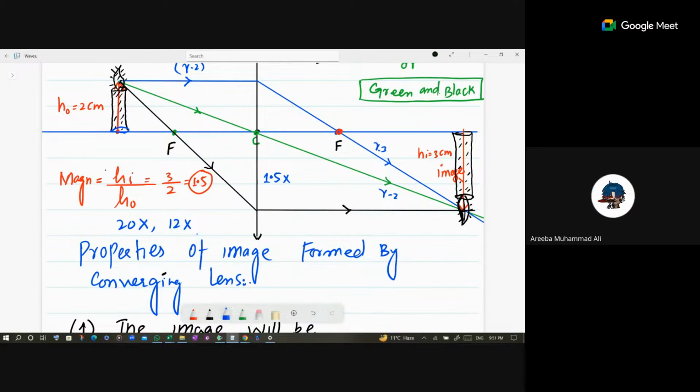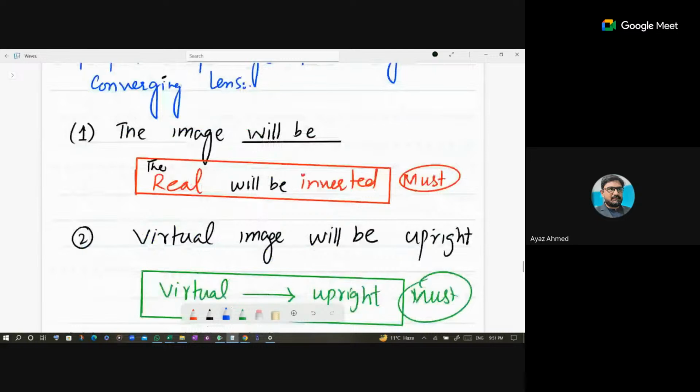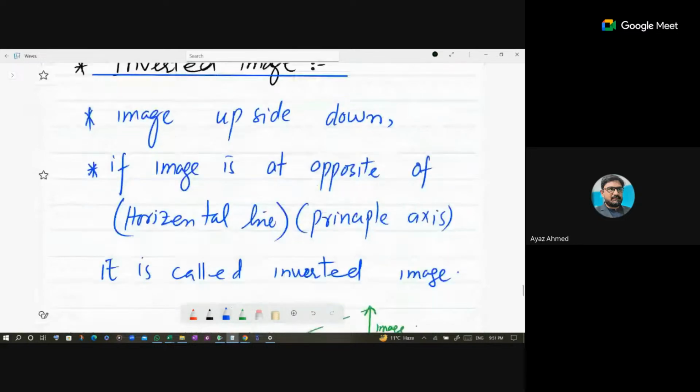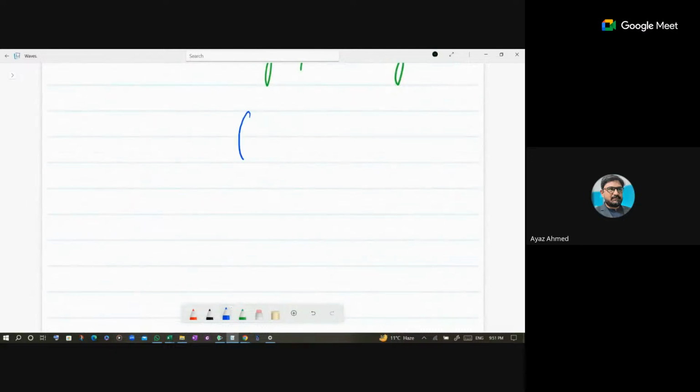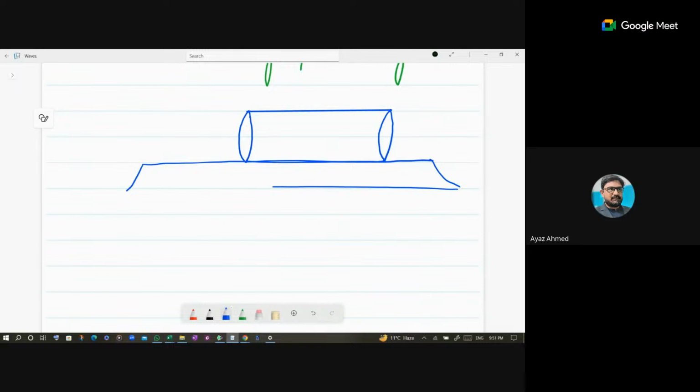Did you ever see that we use some scopes on snipers or toy guns? Yes, on toy guns. So we use this magnification factor, that is, how much magnification there will be on this lens or this scope. Right here we use different lenses.